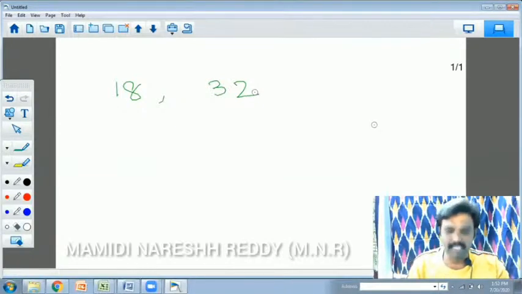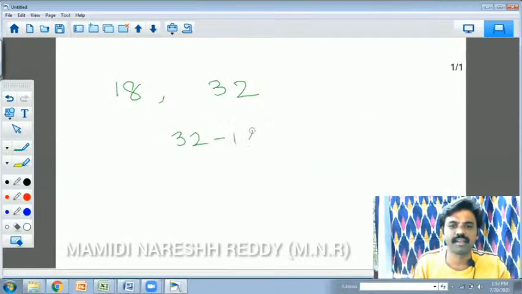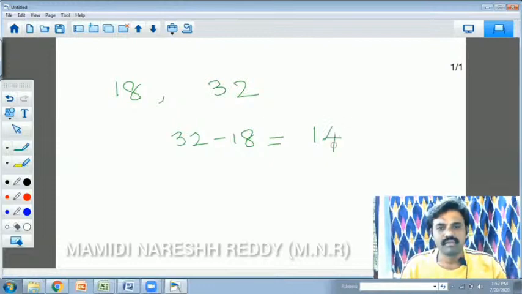As we discussed, let us find the difference of 32 and 18. It is nothing but 14. But 14 is not a factor of 32 and also 18.